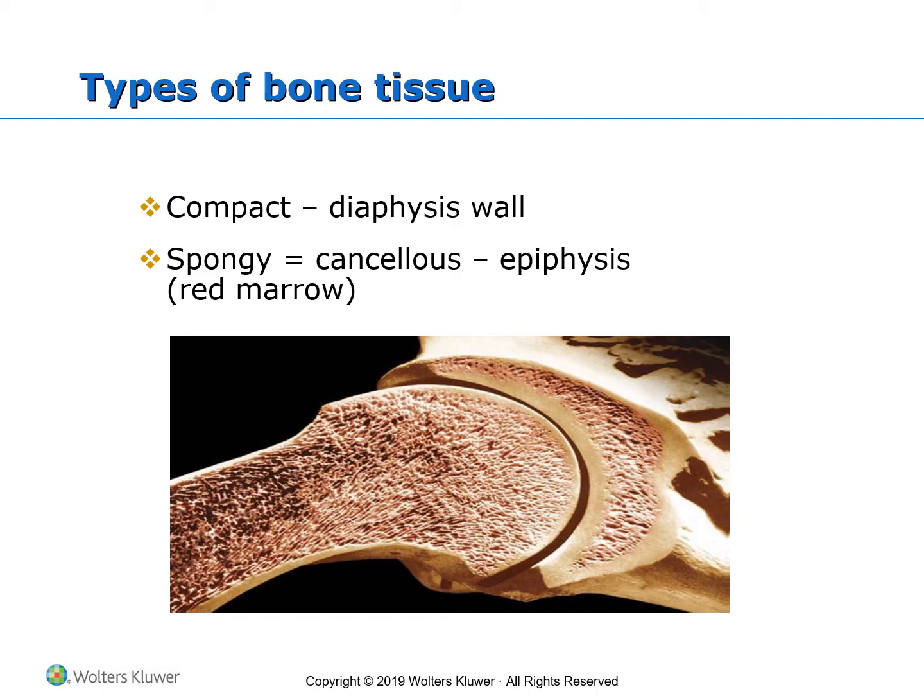And you can see that even in those flat or irregular bones, because what you see here is the connection between the humerus and the scapula. You can see that the spongy bone in here is covered on the outside by a layer of cortical bone that gives the bone a little bit more sturdiness.